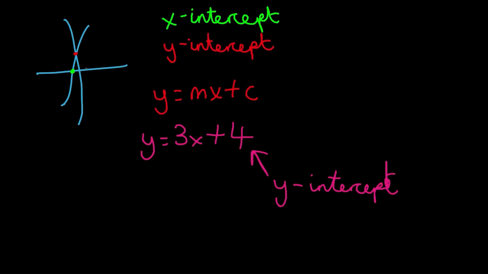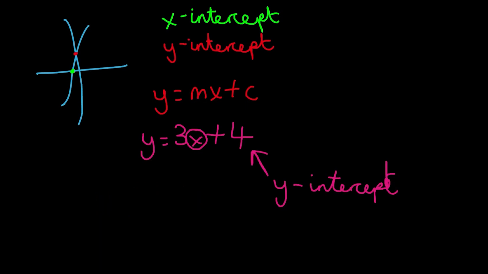When on this line you're at x equals 0, it's where the line crosses the y-axis. So what we're really saying is we're setting x to 0. So y is equal to 3 times 0 plus 4, which is equal to 4. So the c is always the y-intercept.